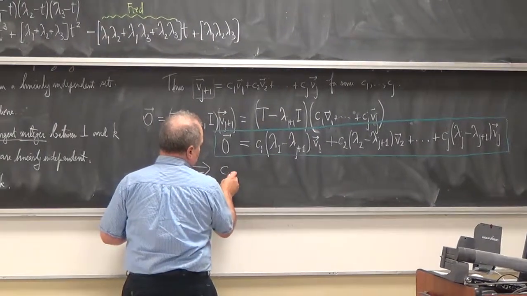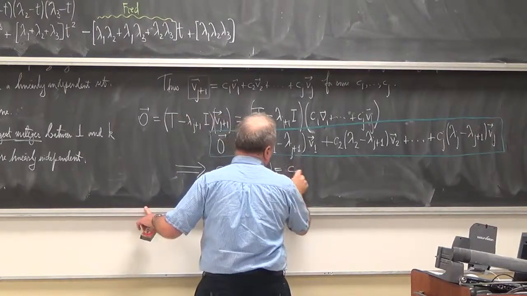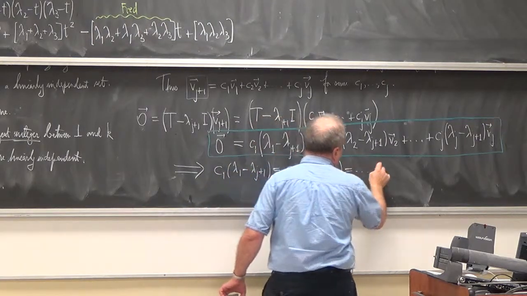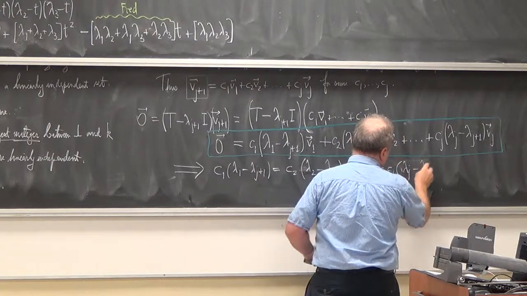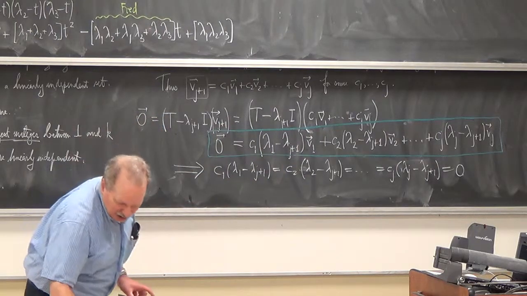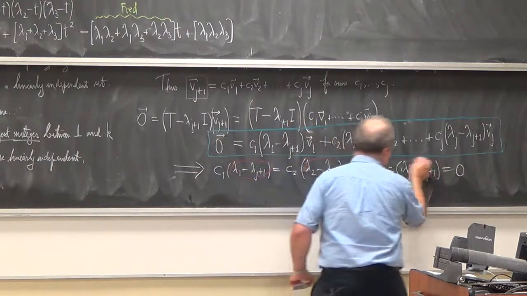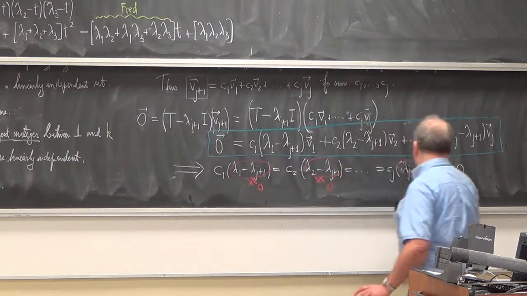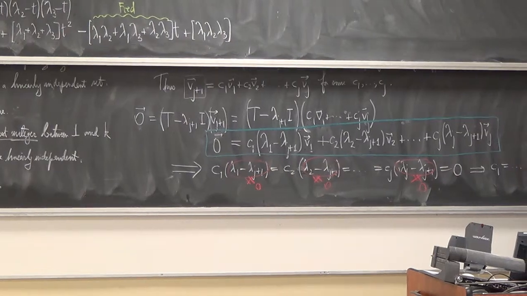But all the eigenvalues are distinct, so these differences are all non-zero, so that means all the c's are 0.